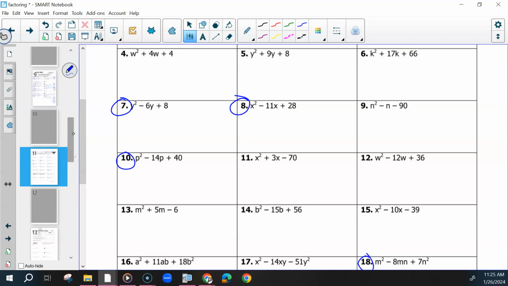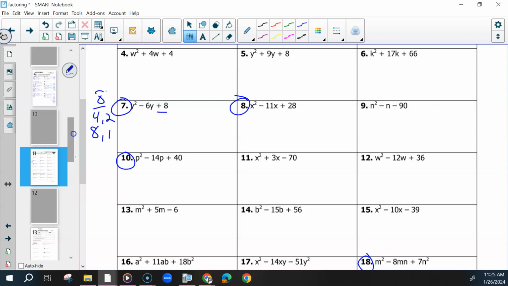These are the ones that are the last type. So if we have a positive, there are two different ways you can multiply to get a positive. They can both be positive or they can both be negative. If this is also negative, they're both going to be negative. So what are your factors of 8? 4 and 2, and 8 and 1.